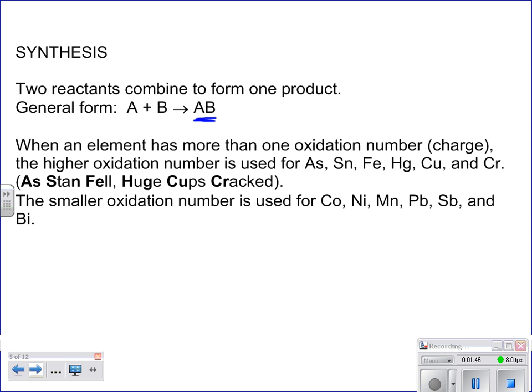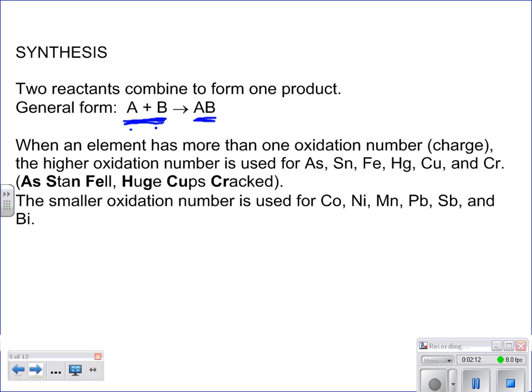And you do have some things that you have to consider here. Remember, if you're given these 2 things, this is all you're given, you're going to have to predict the products. If it's pretty straightforward, where you know the charges of both of those 2 elements, then no worries. But if you don't know the charge of one of these guys, in other words, if it's a transition metal, then there are some things that we can do to figure out what that charge is going to be.